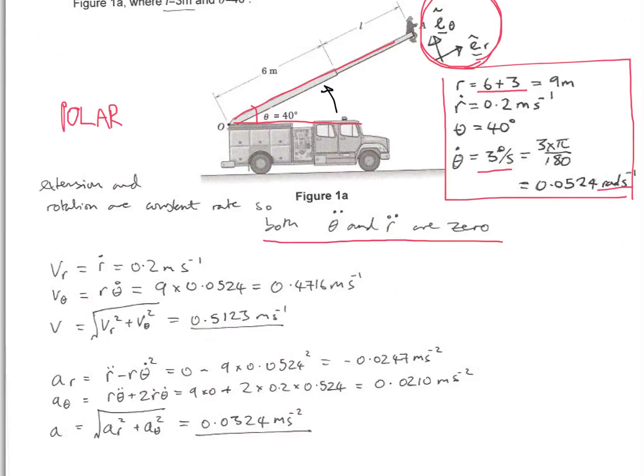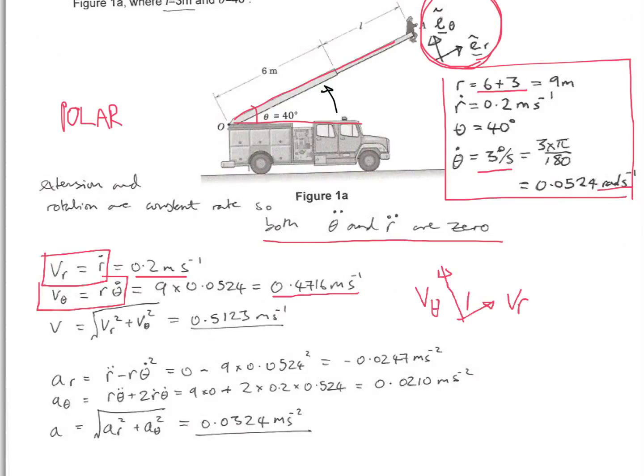Then it's just a case of using the definitions for polar coordinates. V r is equal to r dot. That's a simple one. V theta is r theta dot. Remember always to compute your answer with the units. And once you've got both the components, remember that this is the component in each direction of the polar coordinates.